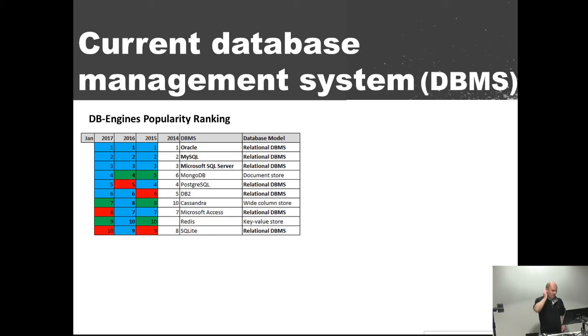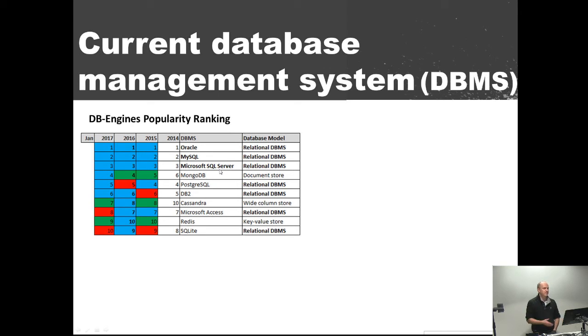So it's interesting to see how things are evolving in the world of databases. I've been following them since 2014. Interestingly, the ranking of the first three has just changed. Number 1 is Oracle, number 2 is MySQL, and number 3 is Microsoft SQL Server.